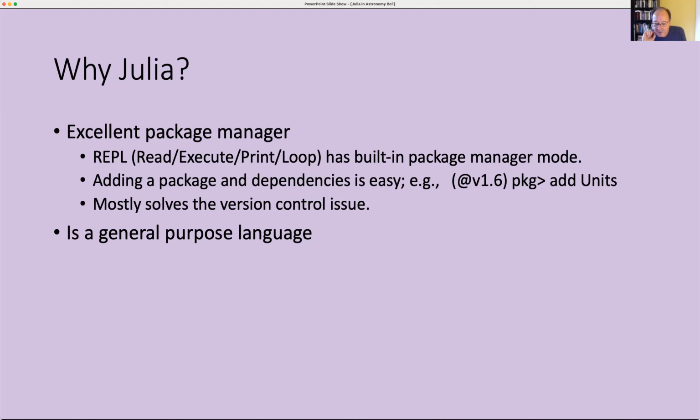So here's a question. Does Julia's support for units offer more functionality than AstroPy's units package? I haven't used AstroPy's units package in a long time, so I really can't answer that question. But my guess is that, yes, it's pretty fully functional.